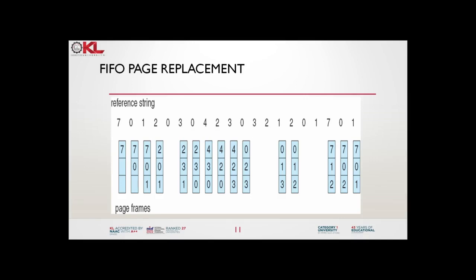What is the reference string number? Starting with 1, 2, 3, 4, 5, 6, 7, 8, 9, 10, 11, 12, 13, 14, 15, 16, 17, 18, 19, 20. So there are 20 reference strings available. The denominator we have noted as 20. Number of page faults: 1, because we have stopped at 2, 3, 4.